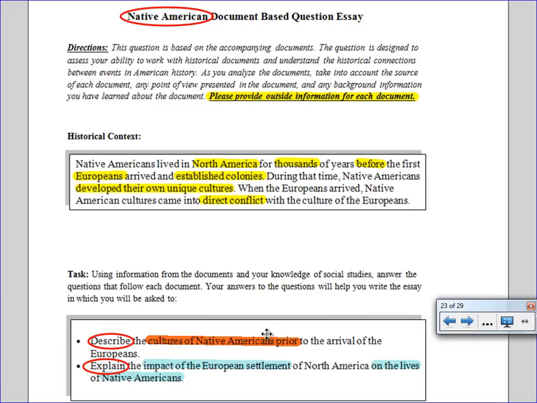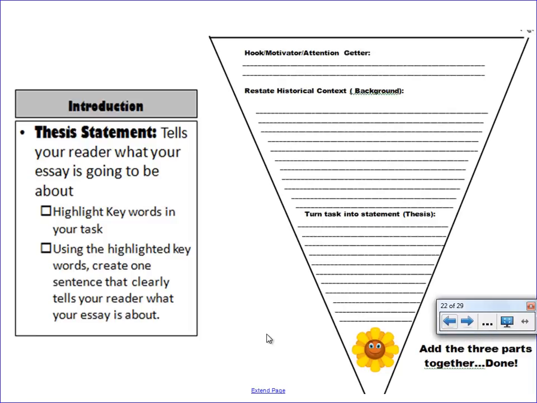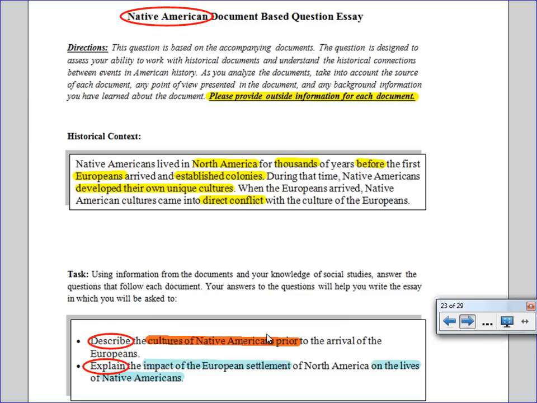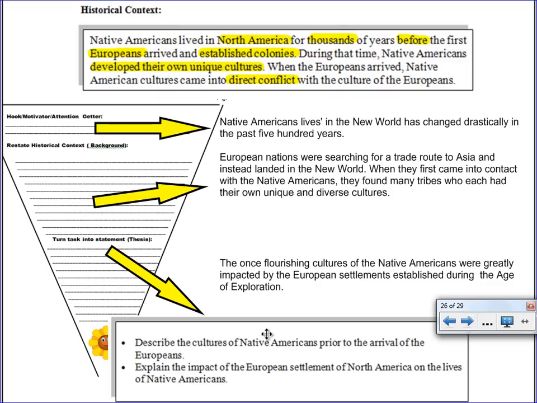So you will use the information provided through the historical context, which is the background, as well as the 2 bullets for your task to help you think of a historical review. The example that we thought of together was Native Americans' lives in the New World has changed drastically in the past 500 years.